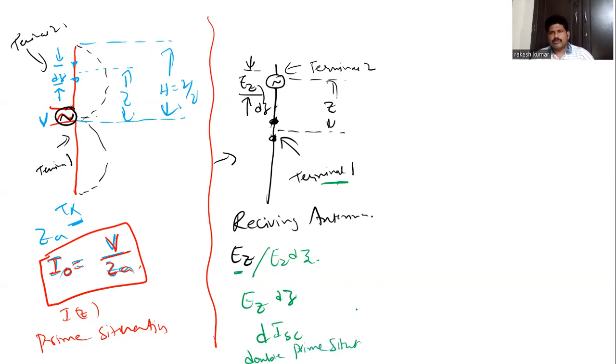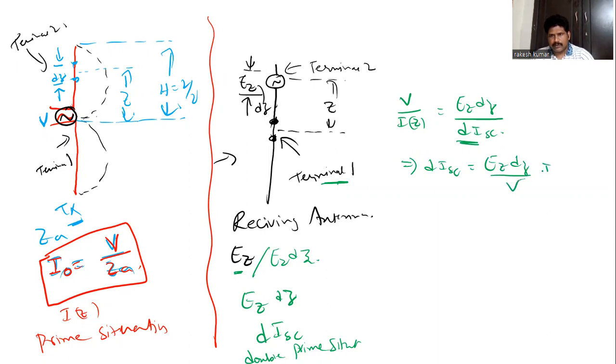According to the reciprocity theorem, V by I(z) is equal to E(z) dz by dI_SC. So dI_SC is equal to E(z) dz into I(z) by V. Next, according to the superposition theorem, the total short circuit current at the antenna terminals is the sum of the currents produced by all the differential voltages along the entire antenna length.